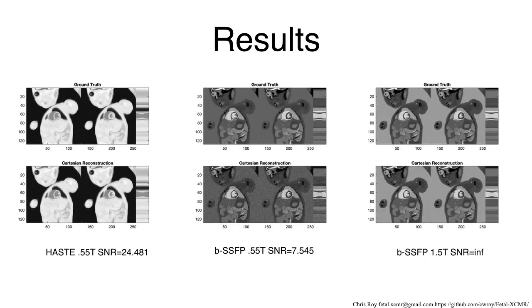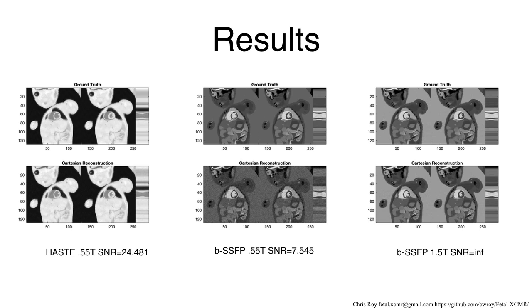In these slides, we are comparing the HASTE and SSFP results under the same field strength. Apparently, the SNR for HASTE is much higher, more than 3 times higher than the one in SSFP. And also, just by the look of it, the SSFP result is noisier.